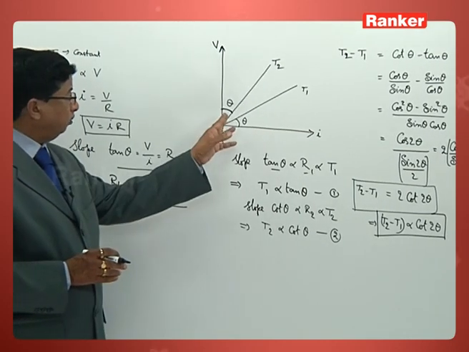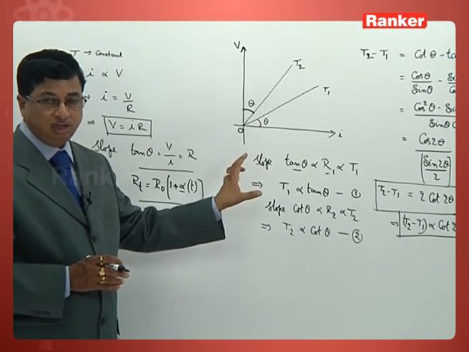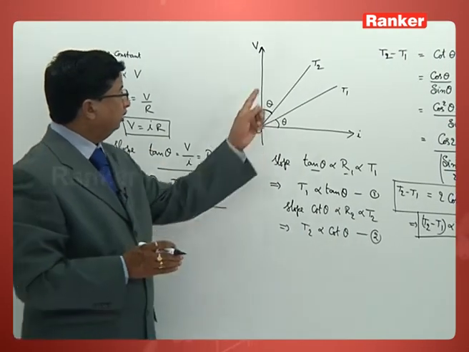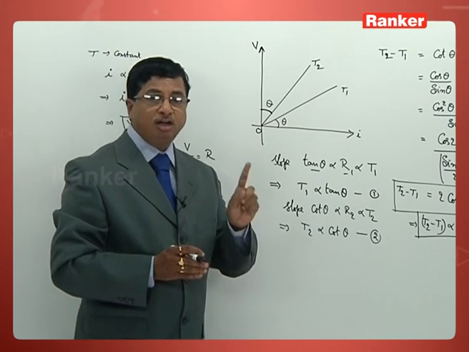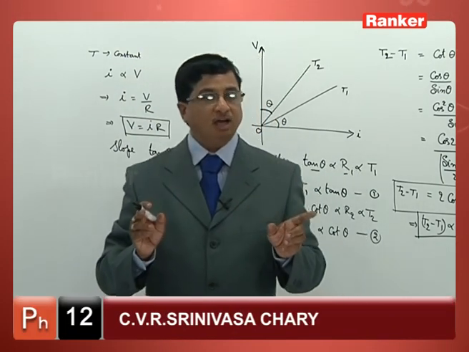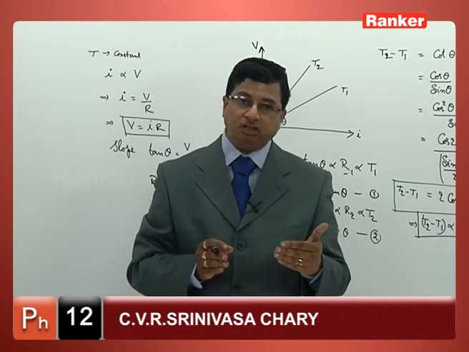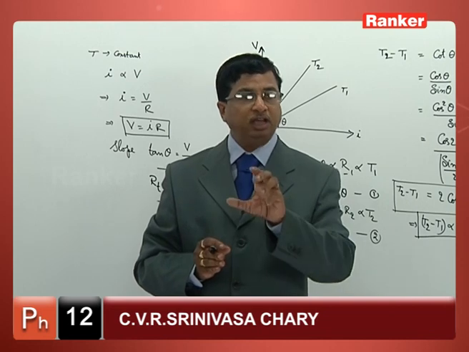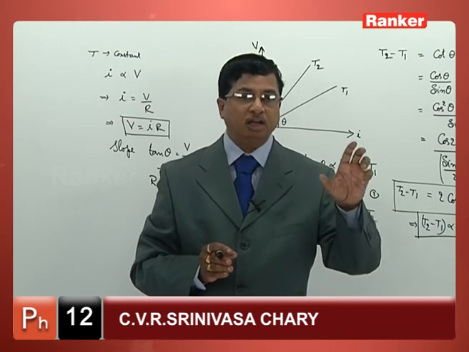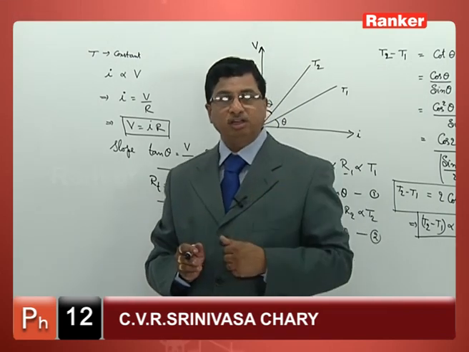The moment this type of graph comes, you should identify the relation between V and I according to the concept of Ohm's law. That is the only statement which relates voltage with current across any particular conductor. But one thing more I want to extend over here.